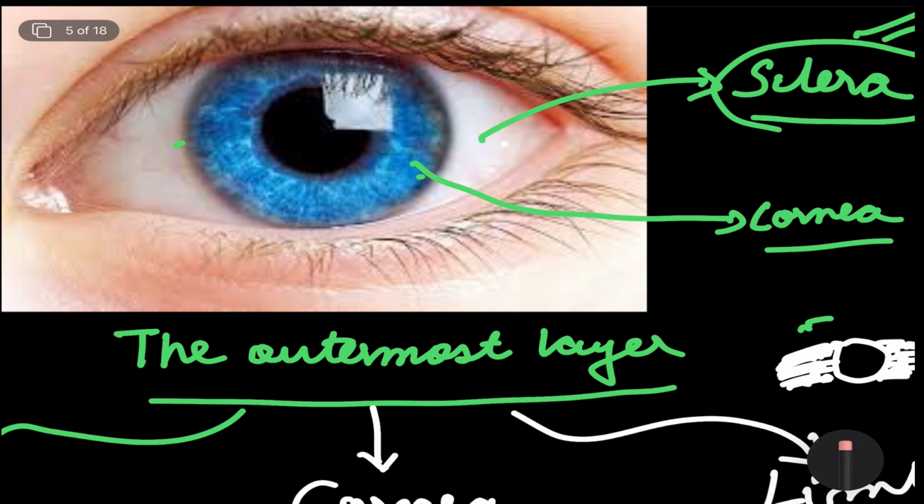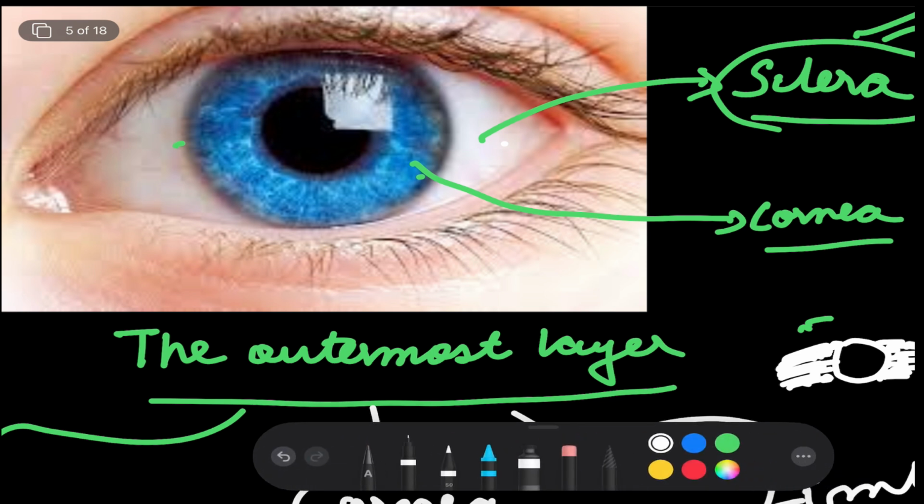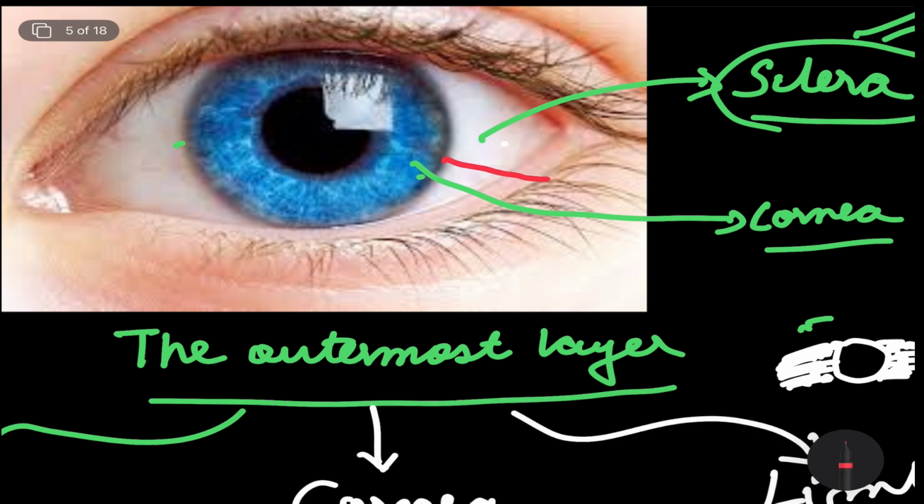Limbus is basically, let me just use this. See, the junction between the sclera and cornea is limbus. That's all. So that entire junction, where the sclera and cornea fuse, that is limbus.